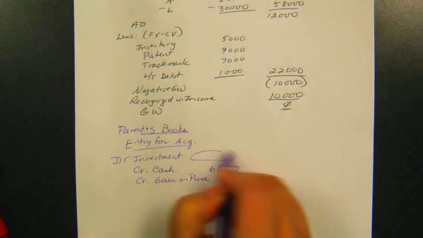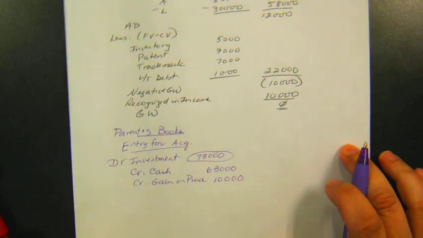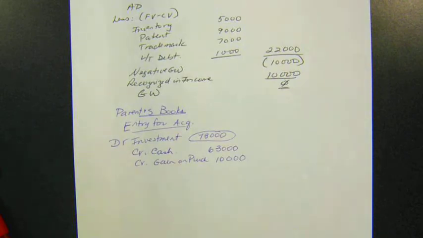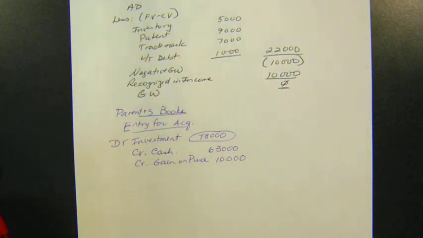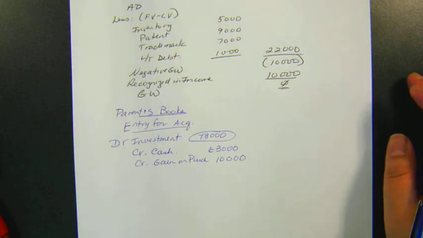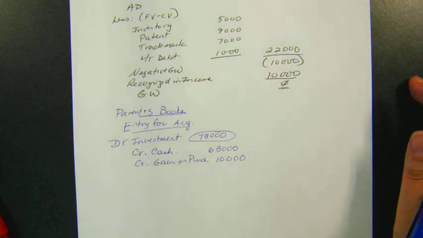And that's just to fill in the blanks, so that's 73,000. Oh, purchase. Or acquisition, some kind of gain.